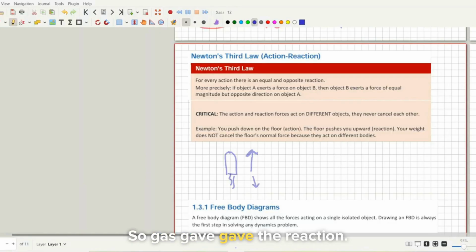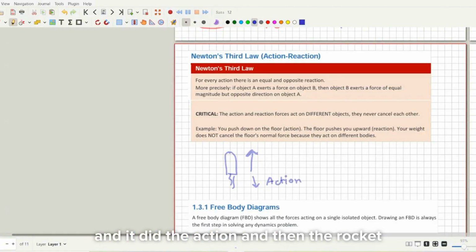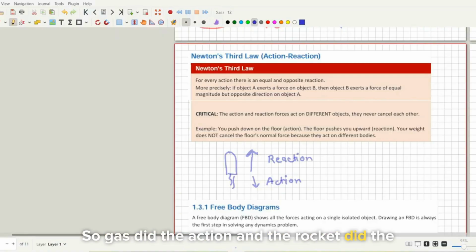The gas actually did the action. The gas came out of the rocket and did the action, and then the rocket started moving upward, and that was the reaction. So gas did the action and the rocket did the reaction.